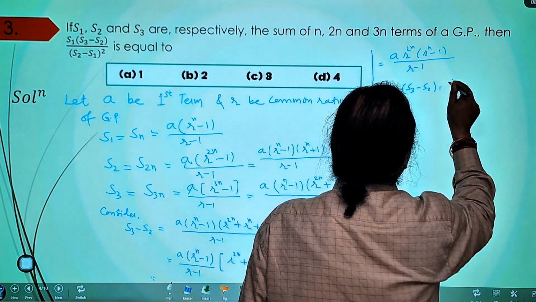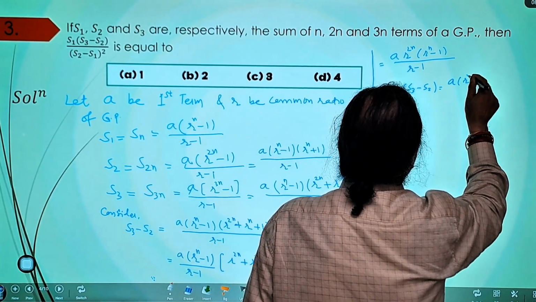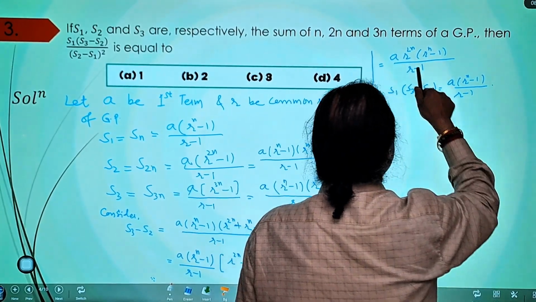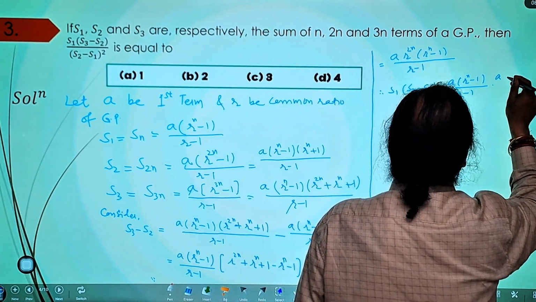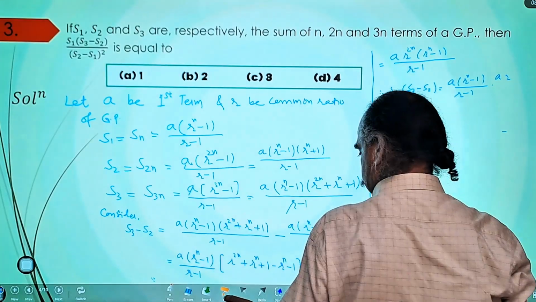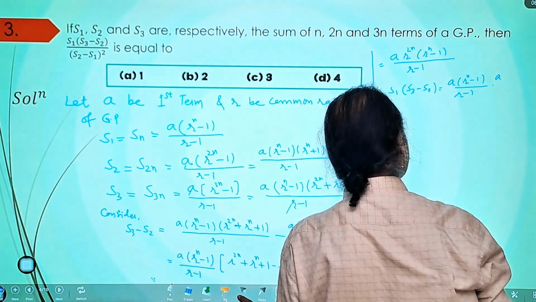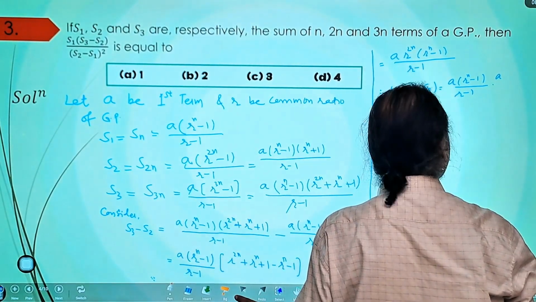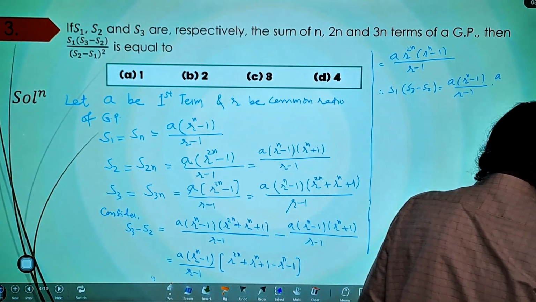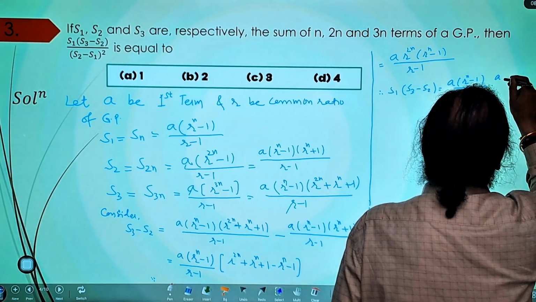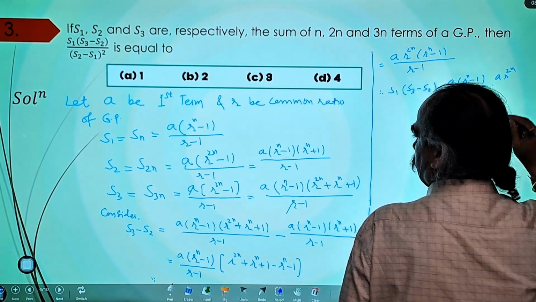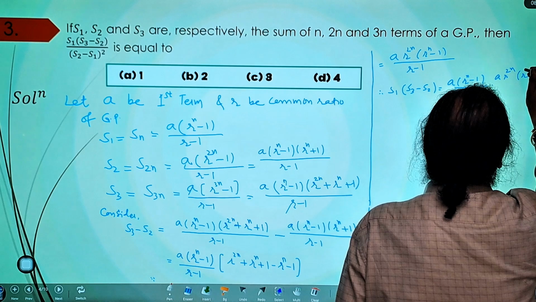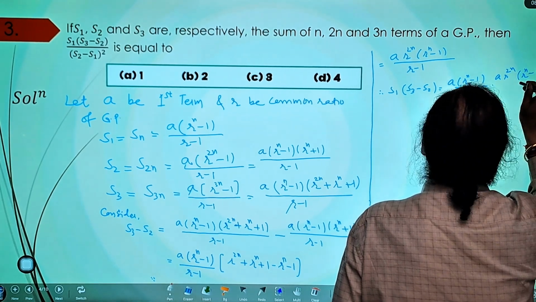A into r raised to n minus 1 upon r minus 1, and this difference we got a into r raised to 2n, r raised to 2n into r raised to n minus 1 divided by r minus 1.